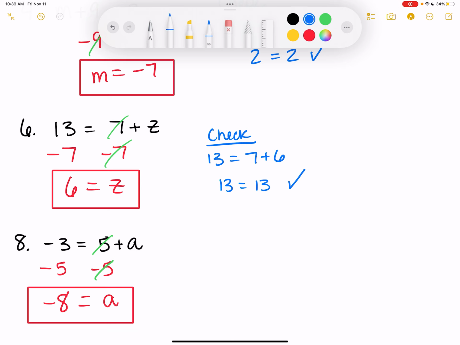Then we check by plugging in -8 for a. -3 equals 5 plus -8. So what is that? -3 equals -3. So that one's good.